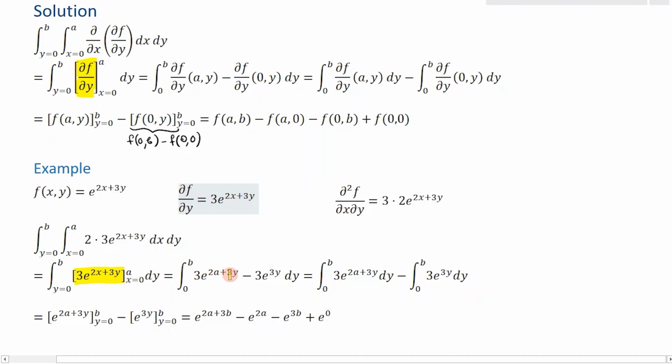Then in the next step, I'm evaluating this as usual at x equals a and x equals 0. Then in the next step, I broke the integral into two parts. Then I integrated with respect to y, which removes this 3.